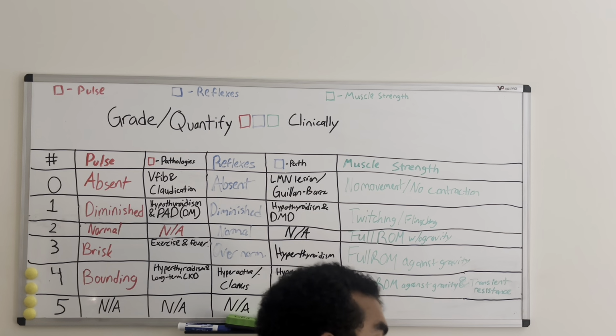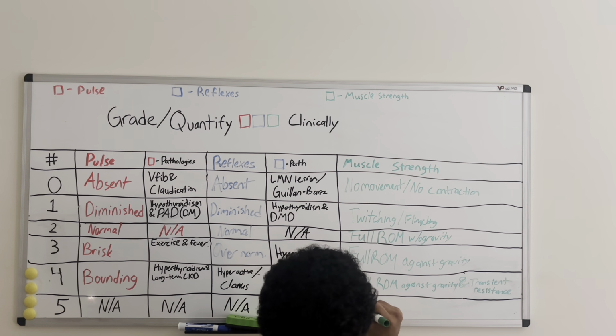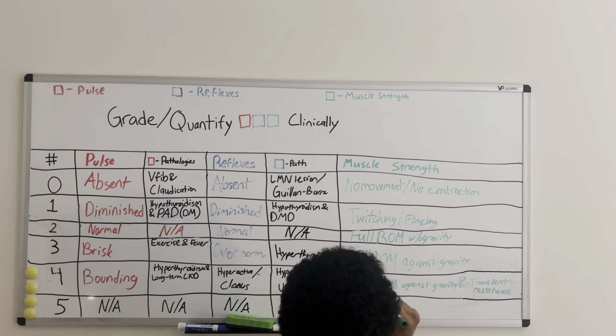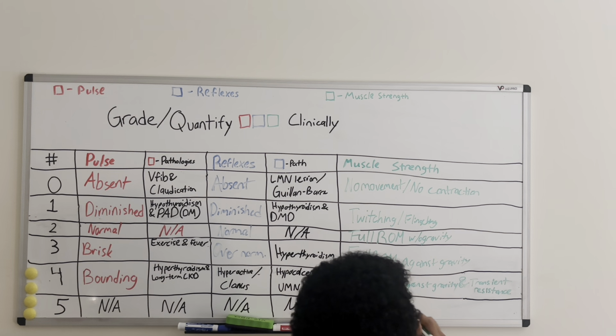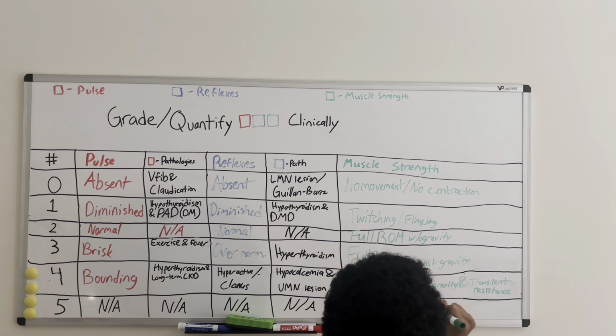And number 5, like I said, is normal, which is full range of motion against gravity and against resistance.